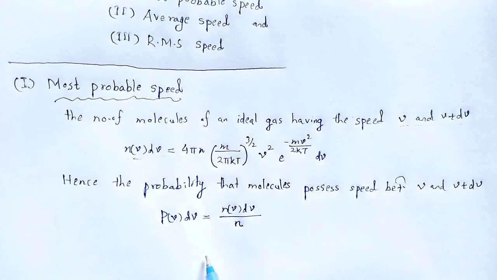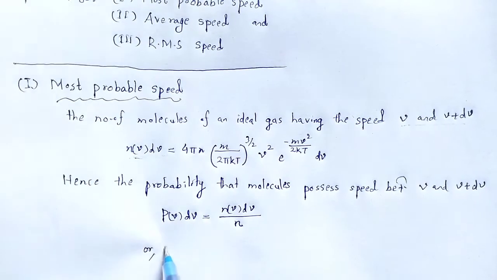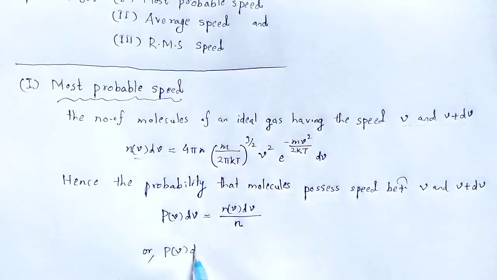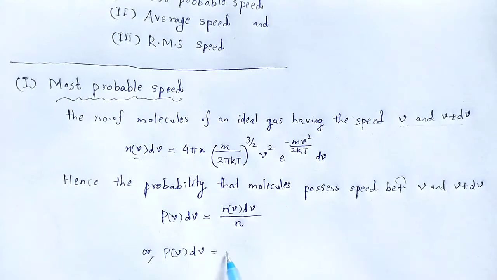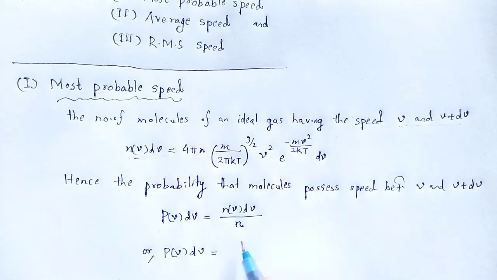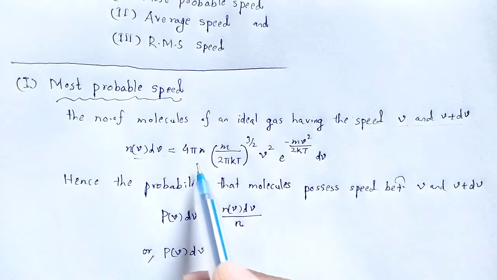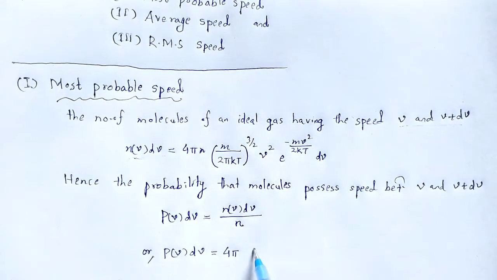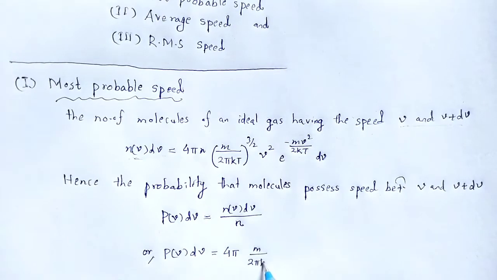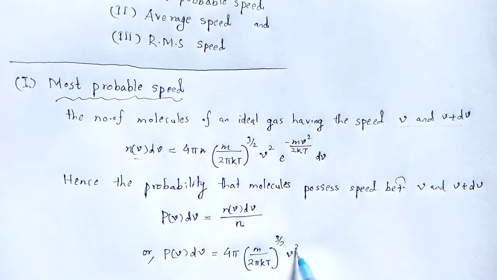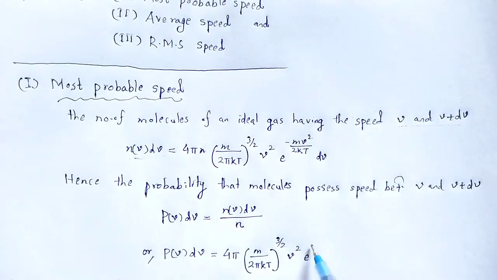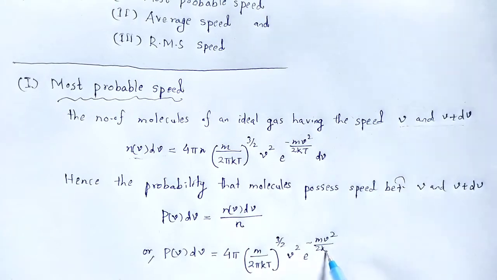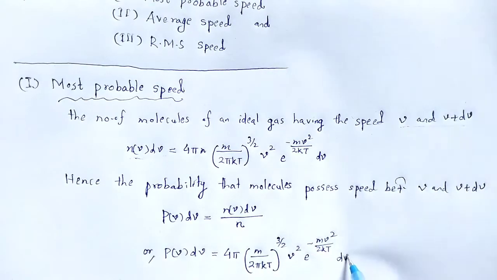So that is given as P(v) dv is equal to n(v) dv divided by n. So dividing, n cancels out, so it will be 4 pi (m divided by 2 pi kT) to the power 3 by 2 v square e to the power minus mv square divided by 2kT dv.